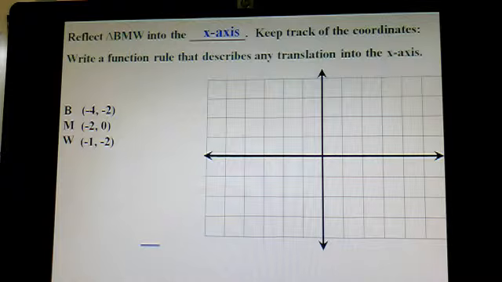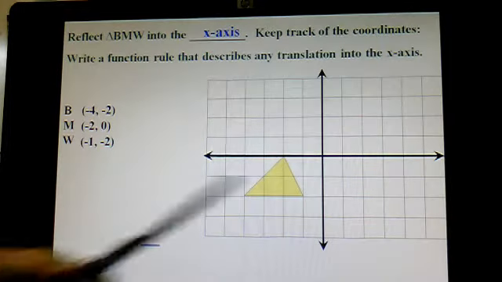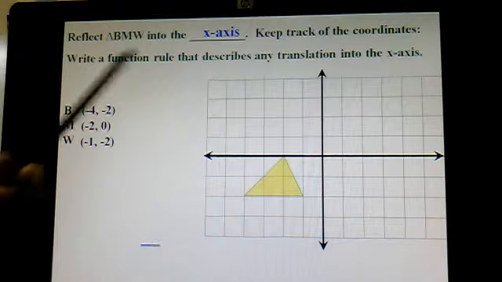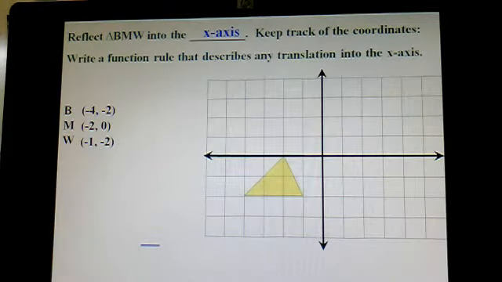Right now I'm going to just blast through here. So (-4, -2) is down here, (-1, -2) is here, and (-2, 0) is on the actual x-axis. And then I want you to do this reflection.